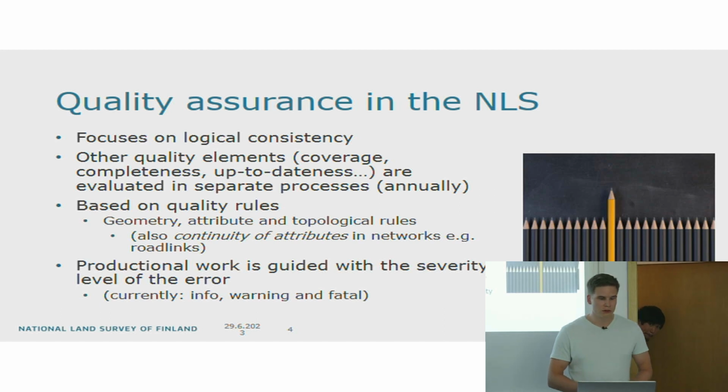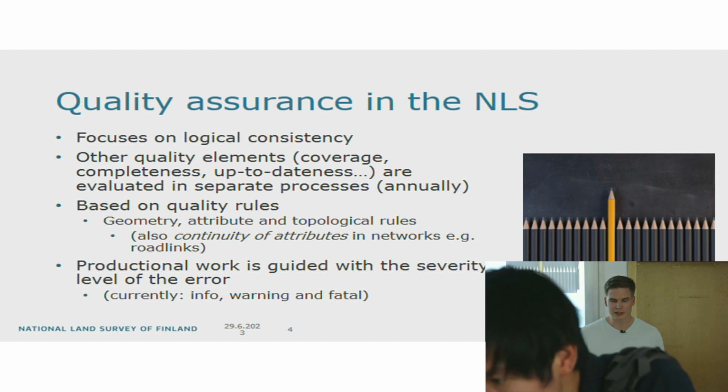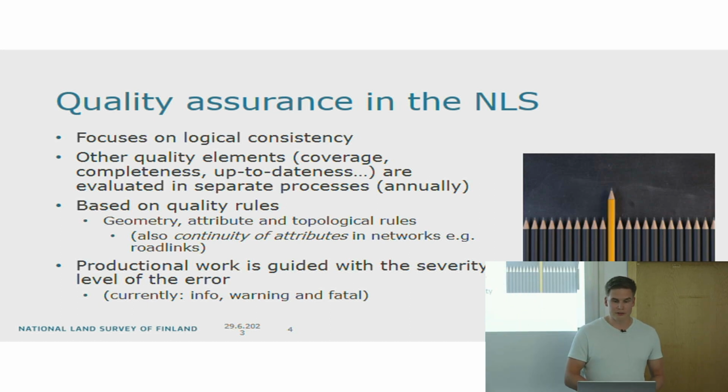With the quality tool, these are based on quality rules like geometry, attribute, and topological rules, and we also control the continuity of attributes, such as road links and the addresses they have and stuff like that. Then our production work is guided by the severity level of the error, so we have 3 different states of severity, so basically info, warning, and fatal errors.